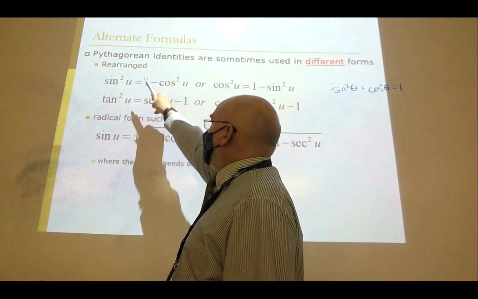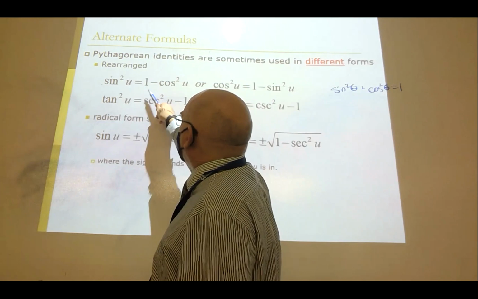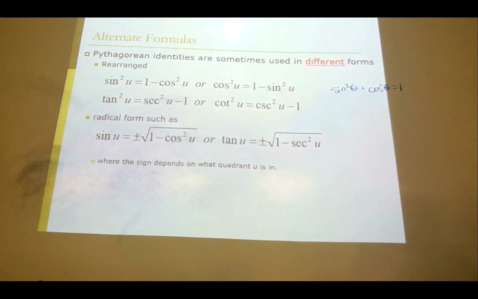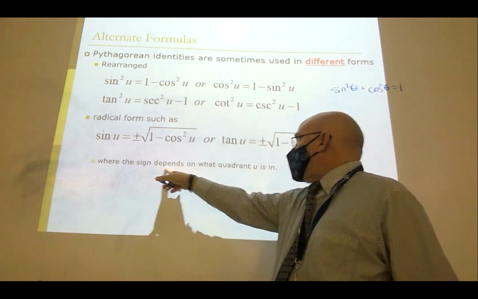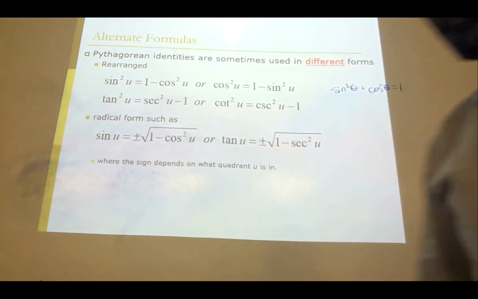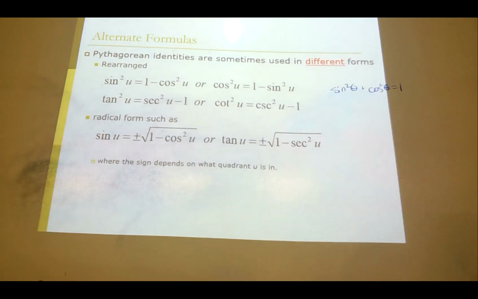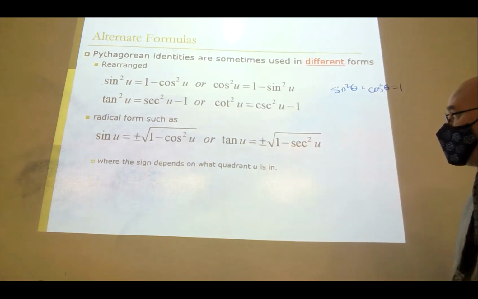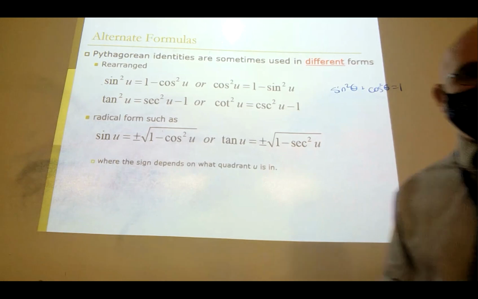The square root of sine squared is sine, which is equal to plus or minus the square root of 1 minus cosine squared u, and same thing with tangent. It depends on which quadrant you're in. Remember, sine is positive in quadrants 1 and 2, and negative in quadrants 3 and 4. Tangent is positive in quadrants 1 and 3, and negative in quadrants 2 and 4. So it just depends on which quadrant you're in.